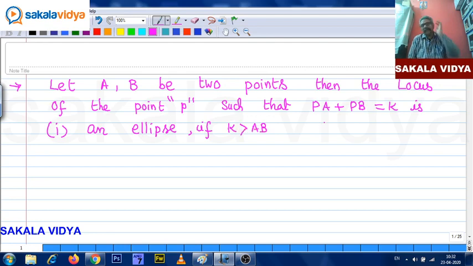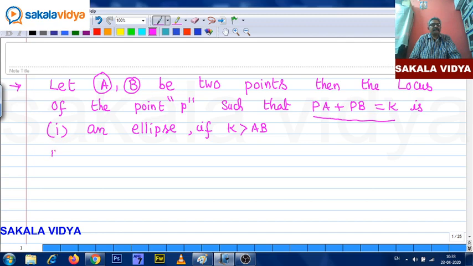For example, this type of question is asked in the examination. PA plus PB is equal to k, where A, B are the fixed points, P is the point on the locus such that PA plus PB is equal to constant k. Then we need to evaluate the distance between A point and B point. If k is greater than AB, it represents an ellipse.